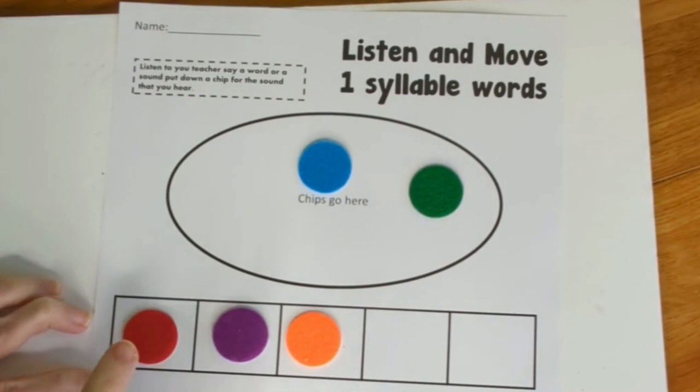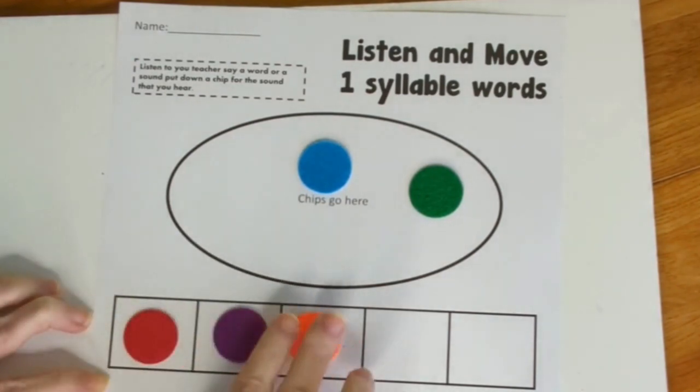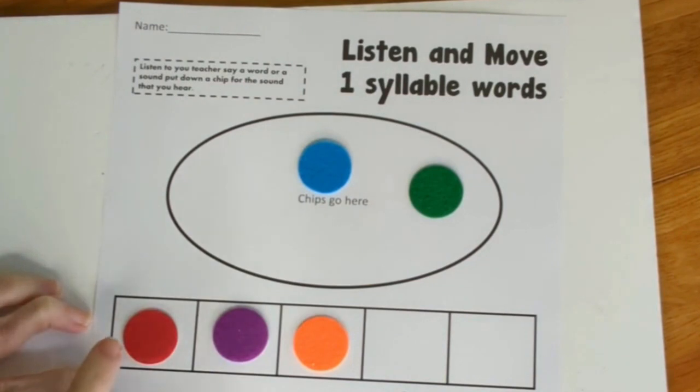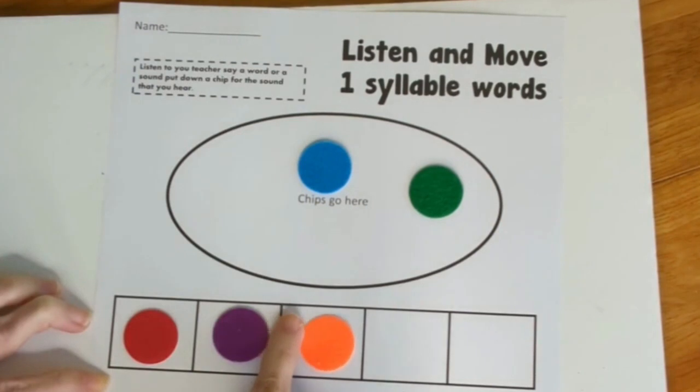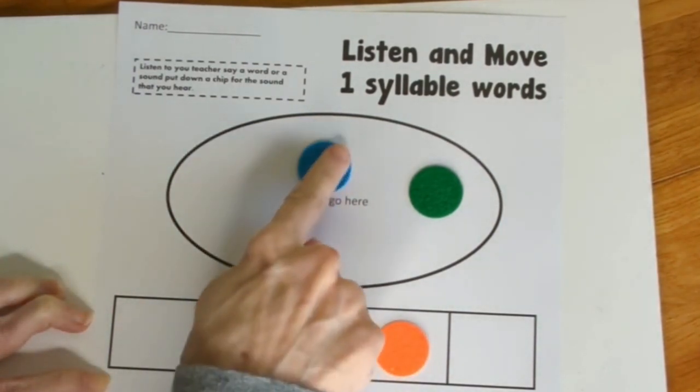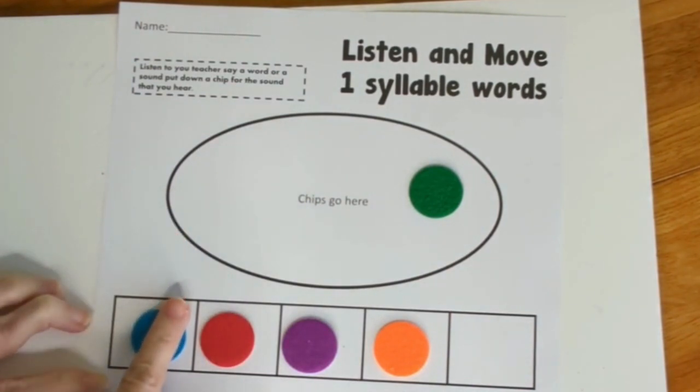Now if this is rim, now this is a more advanced skill. If this is rim, show me brim. So this is rim. So what if I want to make it brim? I have to add something to the beginning. Now this is brim.